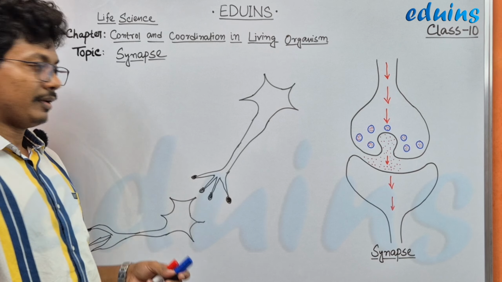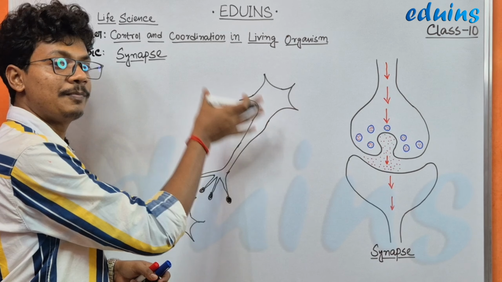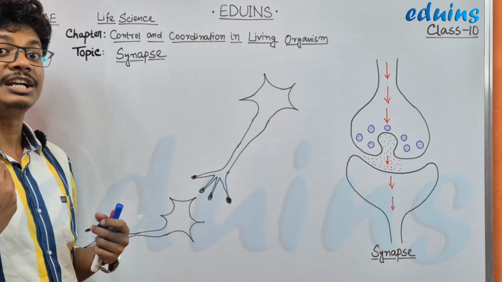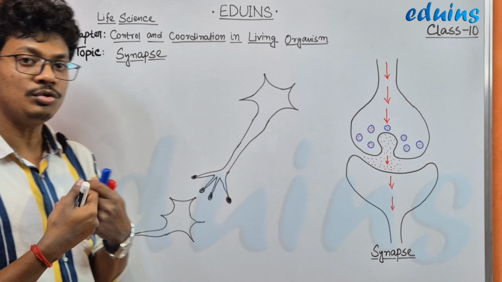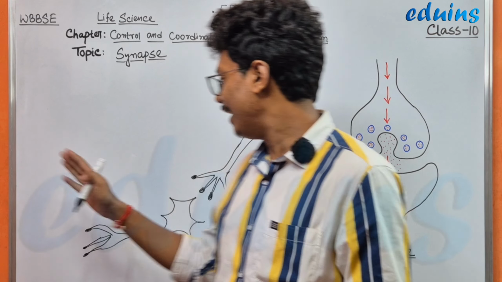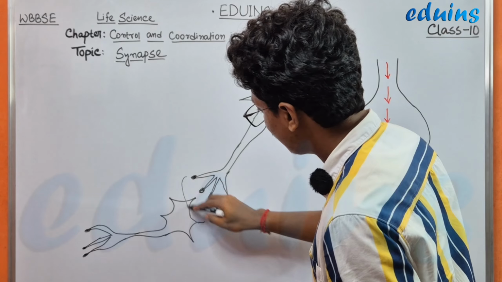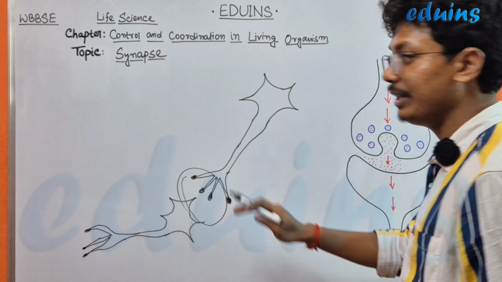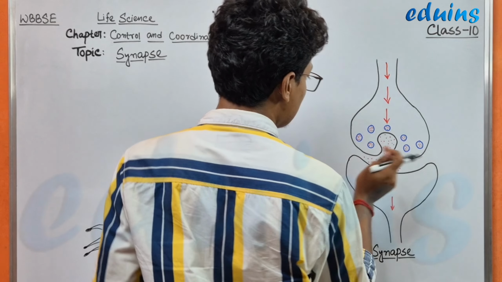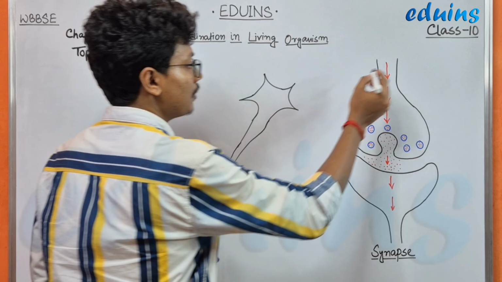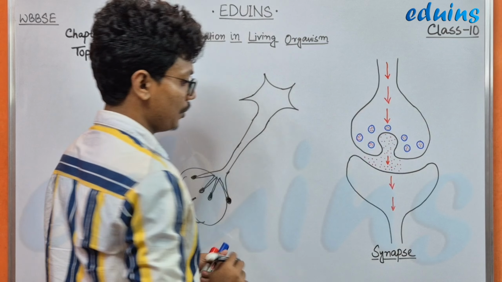A neuron or nerve cell is not continuous, not fused or joined together. They have a gap or junction between them. So this is the junction between two neurons.